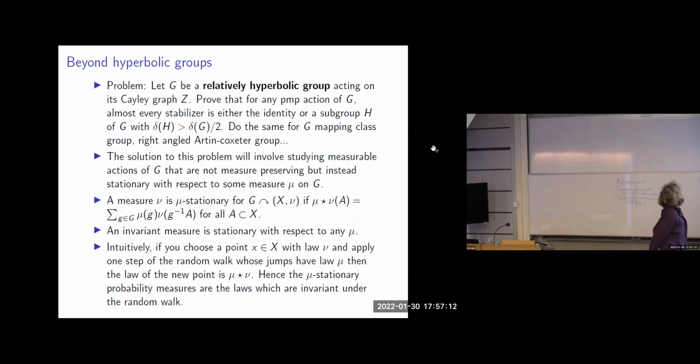Okay, I'm not going to say much more about this. Okay, and you want to prove the same thing, that maybe for a larger class of groups, almost every stabilizer is either the identity or a subgroup, or it's very big.